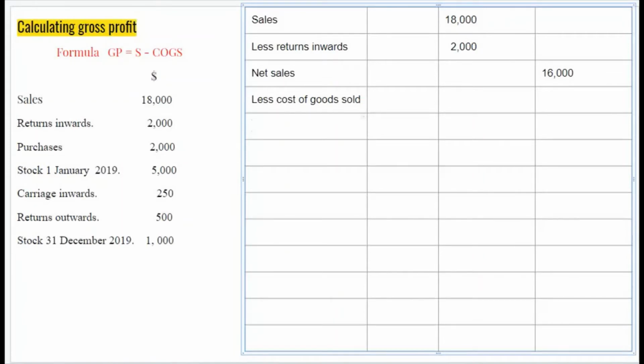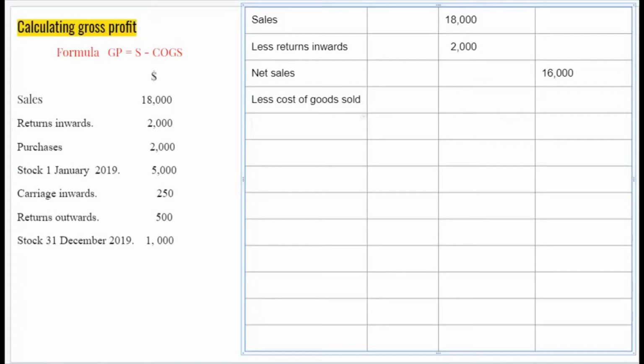Remember our questions, we ask ourselves 5 simple questions in order to find the cost of goods sold. Now our first question is, did we start with any stock? Another term for stock is inventory. Did we start with any? Starting here would refer to opening stock, and remember your opening stock is at the beginning of the period.